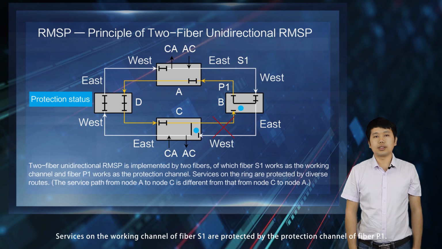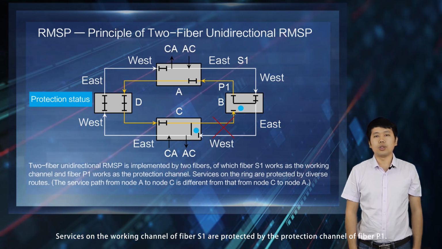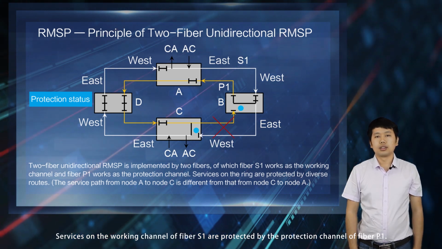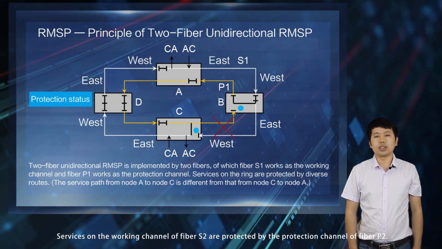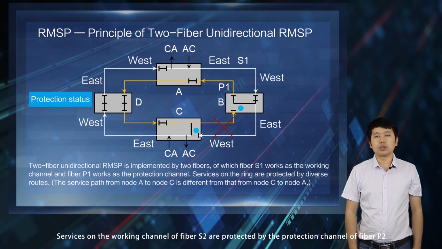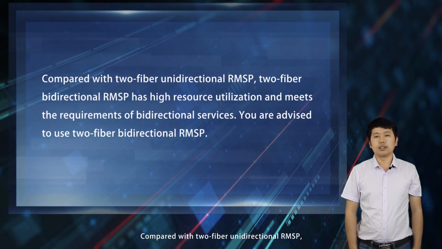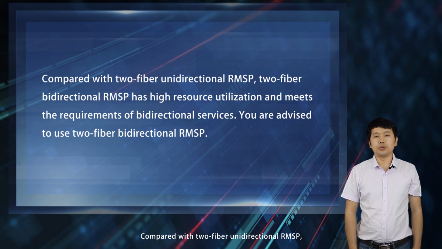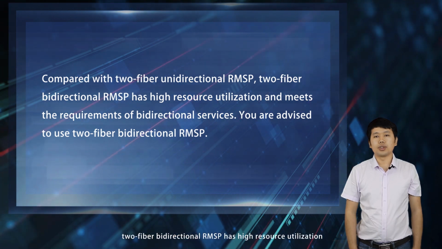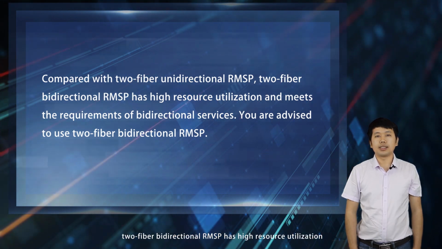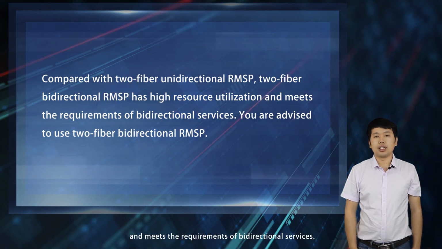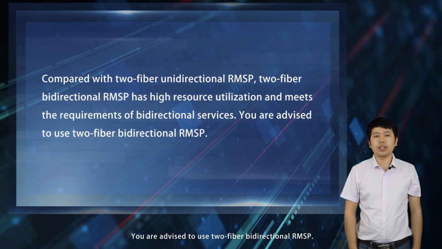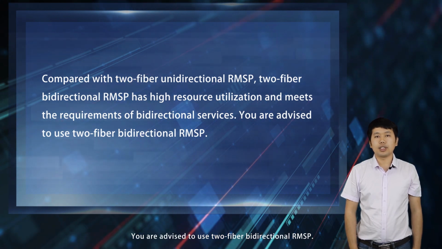Services on the working channel of fiber S1 are protected by the protection channel of fiber P1. Services on the working channel of fiber S2 are protected by the protection channel of fiber P2. Compared with two-fiber unidirectional RMSP, two-fiber bidirectional RMSP has high resource utilization and meets the requirements of bidirectional services. You are advised to use two-fiber bidirectional RMSP.